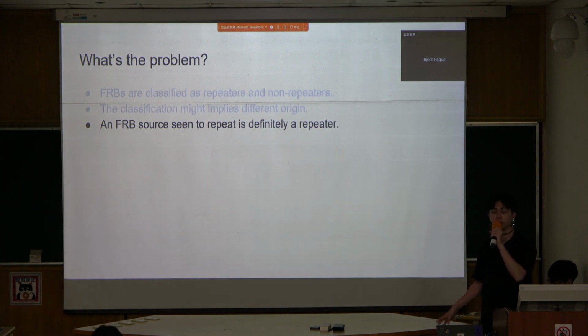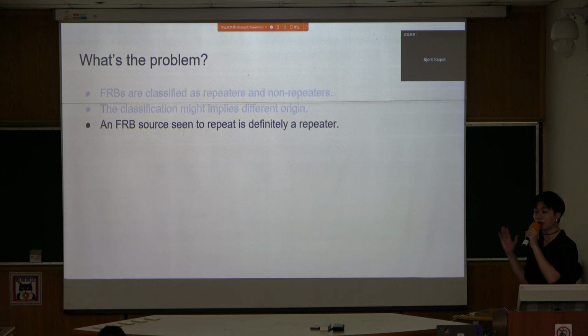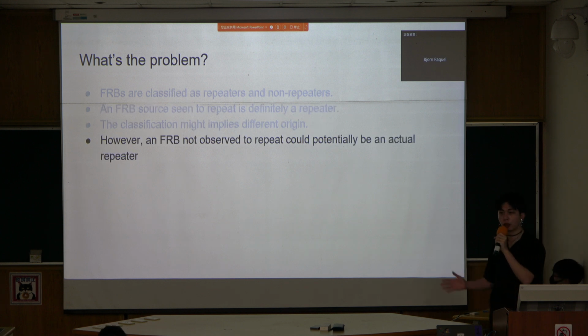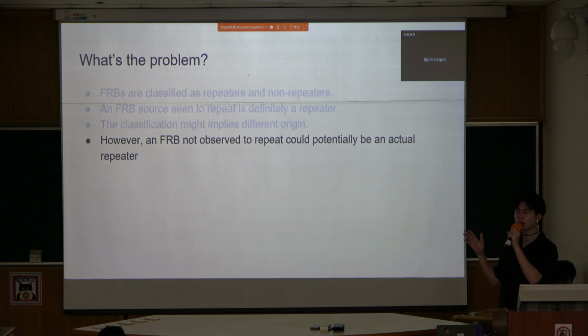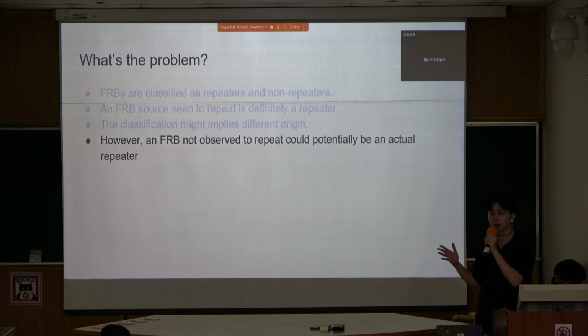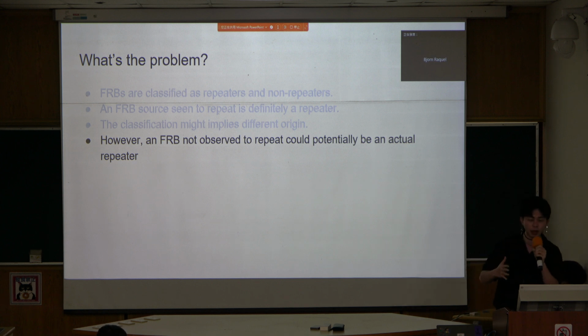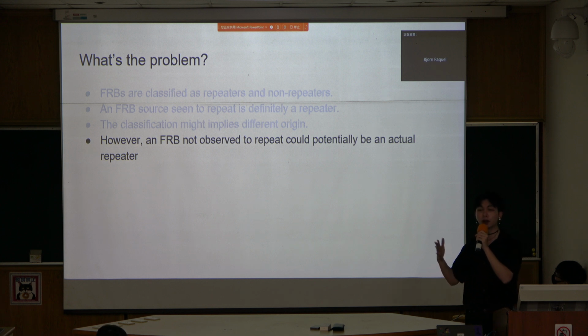However, we know that an FRB seen repeating is definitely a repeater. But if an FRB hasn't been seen to repeat, it is still probably a repeater, but just humans haven't detected it. Probably this FRB repeats tomorrow, then finally we know that it is actually a hidden repeater.